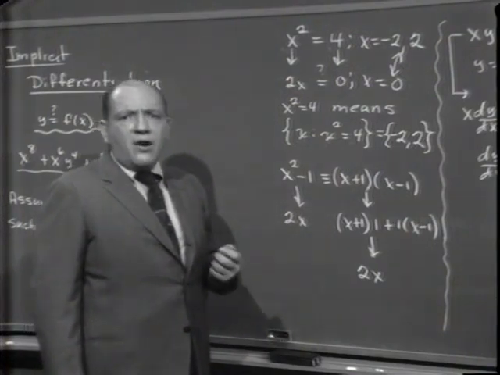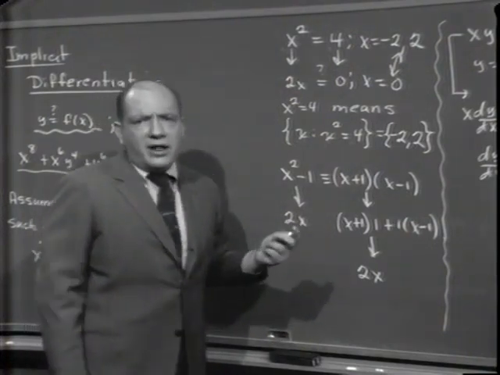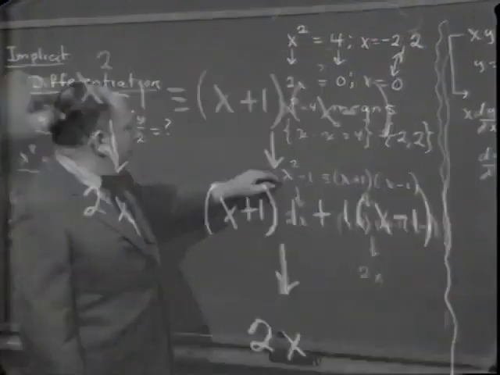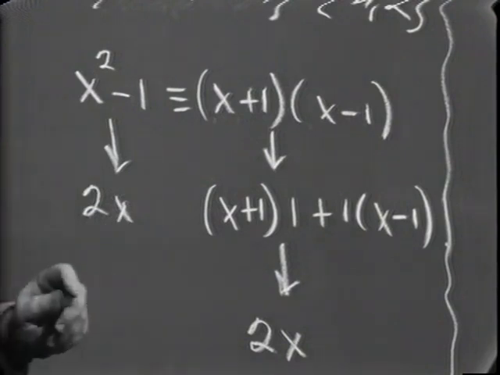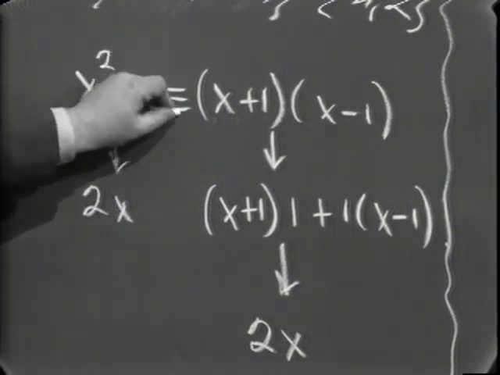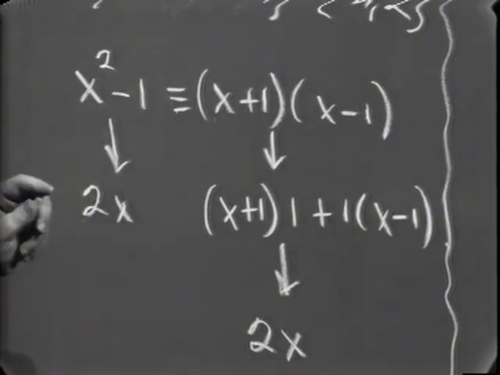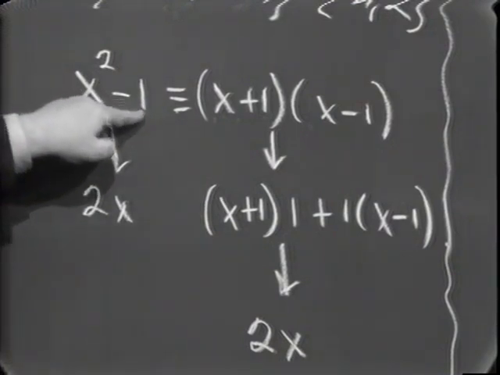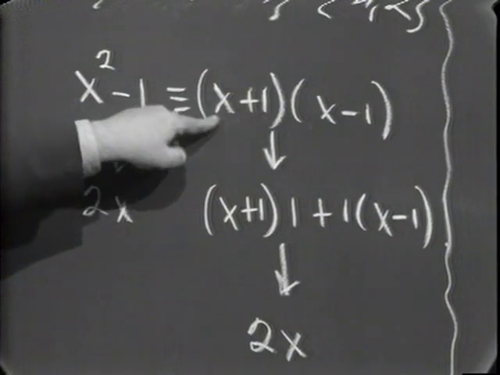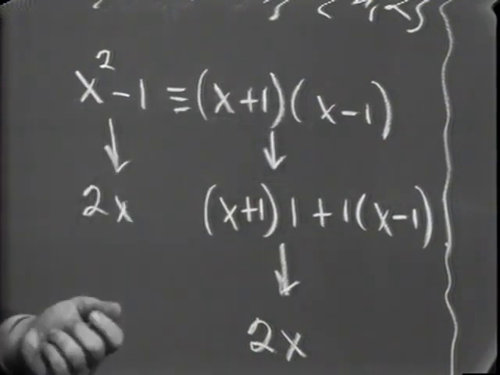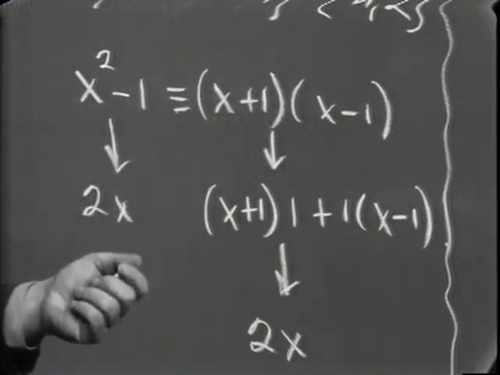For example, let's go back to something we learned in elementary high school algebra. x squared minus 1 equals x plus 1 times x minus 1. Notice I wrote this with the 3 lines here. It's my way of saying that for any number x whatsoever, x squared minus 1 always names the same number as x plus 1 times x minus 1.